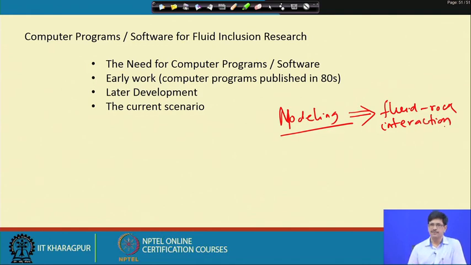In fact, most of the study of the phase equilibria on fluid mixtures, whether it is only water plus electrolyte or water plus gaseous volatile species like carbon dioxide, methane, and the electrolytes, the basic idea of development of this PVTx relationship is essentially targeted towards quantification of this fluid rock interaction process.